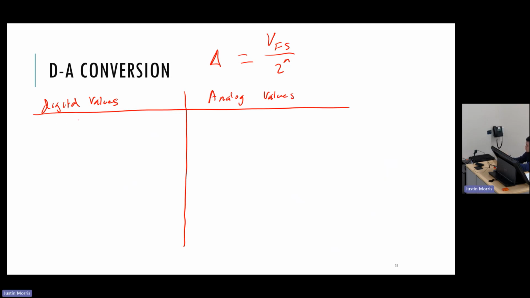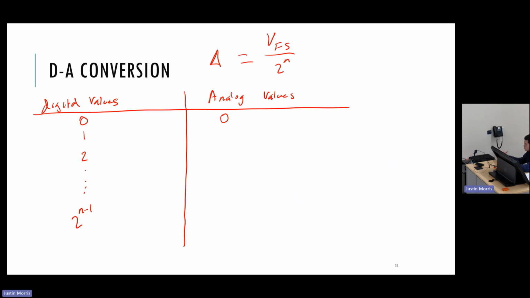So if we have digital values and we just assume that they're unsigned numbers, we're going to go from 0, 1, 2, all the way to 2 to the n minus 1 is my last combination. So all of these values then need to be mapped to some analog value. So if we have 0, that means we're going to output 0.